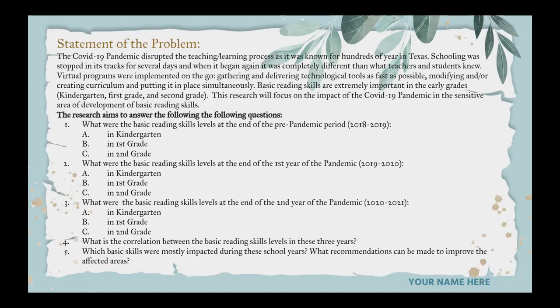You want to have a correlation or a comparison between and among the basic reading skills levels in kindergarten to second grade in these three school years. Am I right, ma'am? Yes, that's correct.